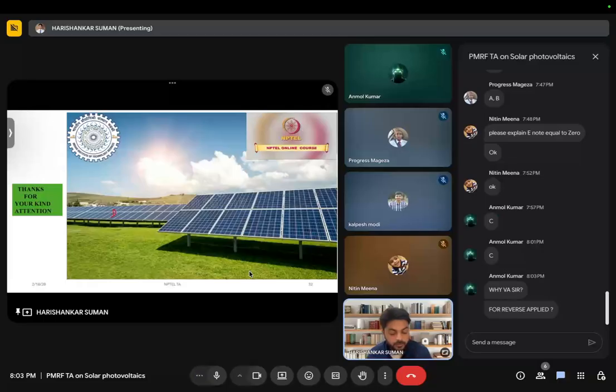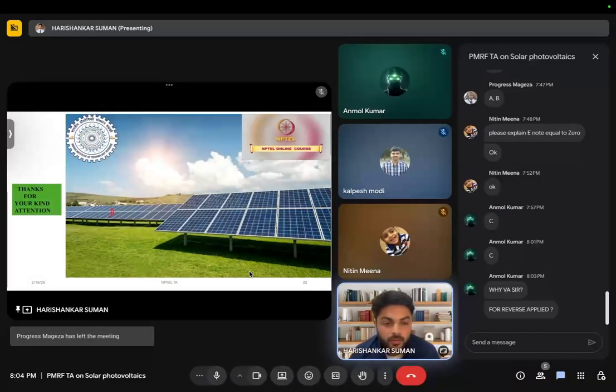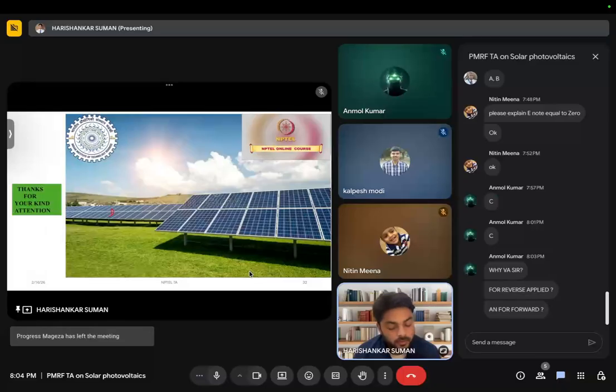This is just the equation with applied potential. You just have to put in the numbers.